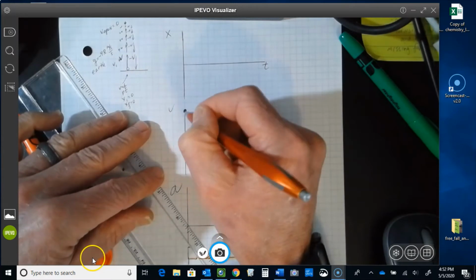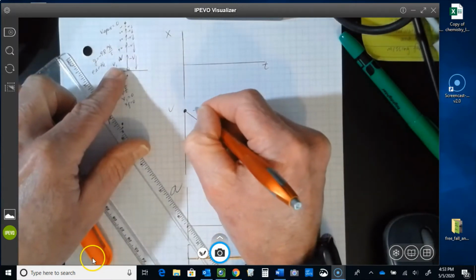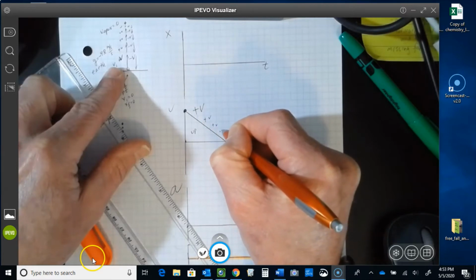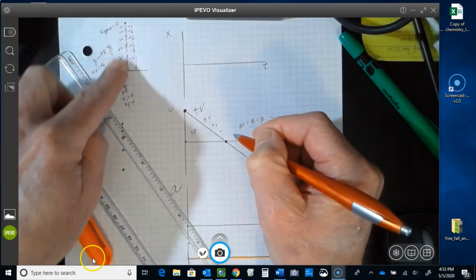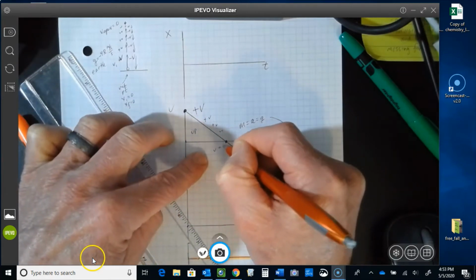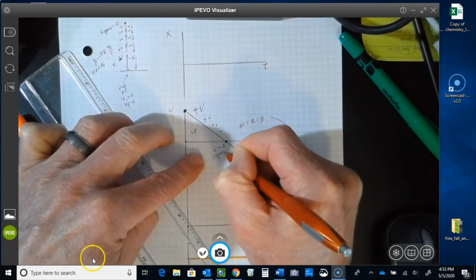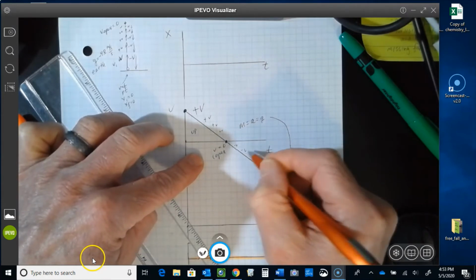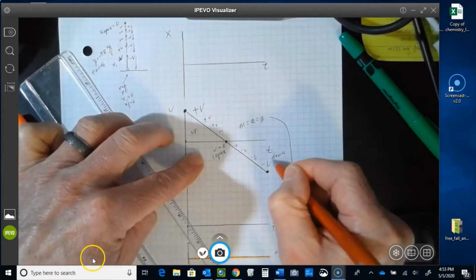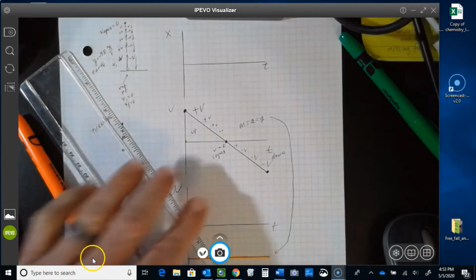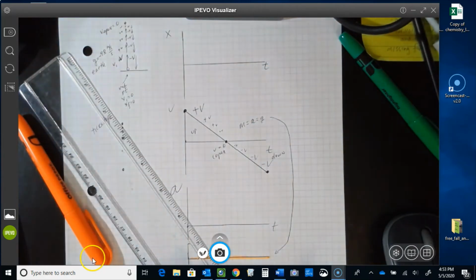We start with a high positive velocity, and that velocity stays positive, but it gets smaller and smaller. That's what we're seeing here on our vectors. Then it becomes 0. That's our apex, and then the velocity gets negative, but it starts small and grows and grows. Well, how would we translate all that into a position time graph?